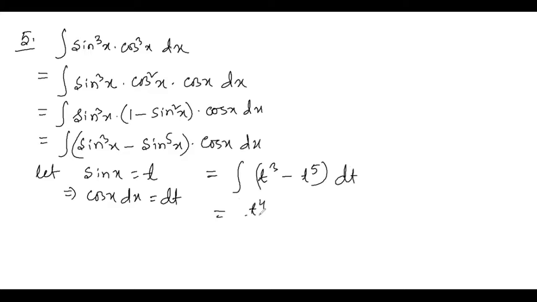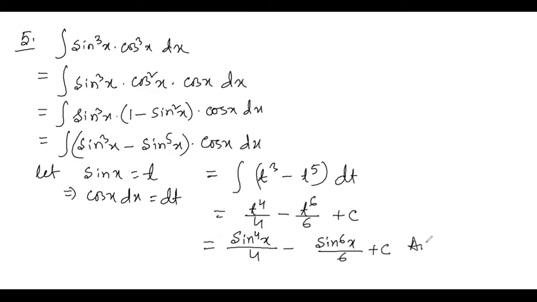So t to the power 4 by 4 minus t to the power 6 by 6 plus c. So t to sin x: sin to the power 4x by 4 minus sin to the power 6x by 6 plus c. This is the answer.